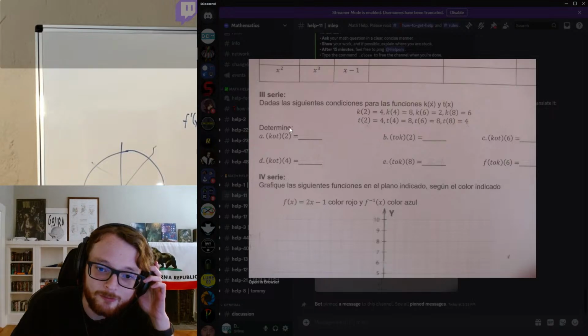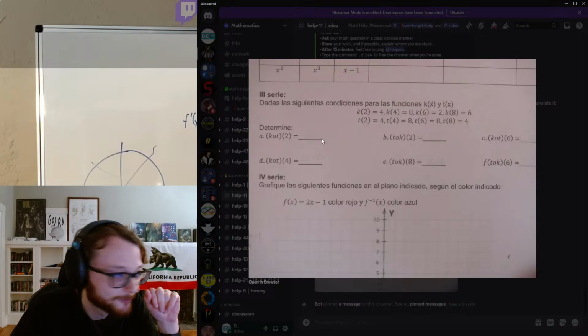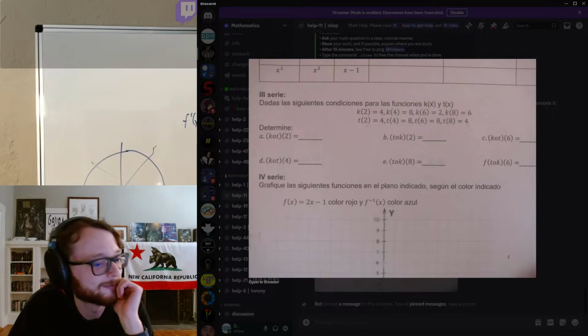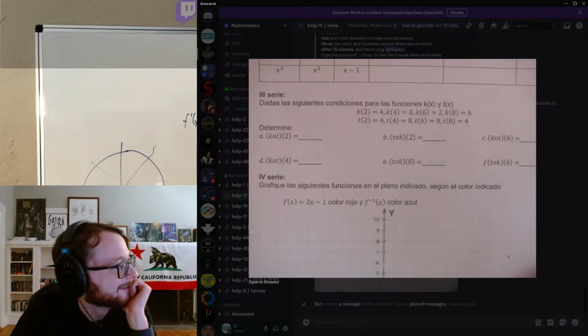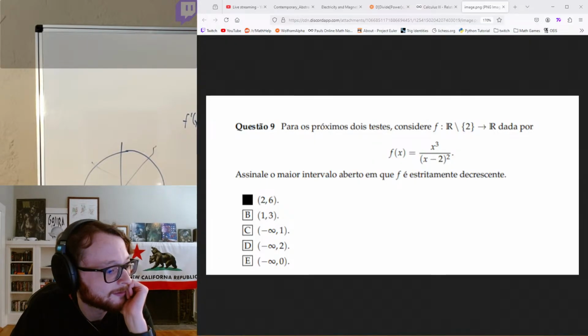You start with T of 2, which is 4, and then you do K of 4, which is 8? Or is it flipped and you do K of 2 first? I don't remember this, to be honest. Because I feel like I've heard that it gets flipped.